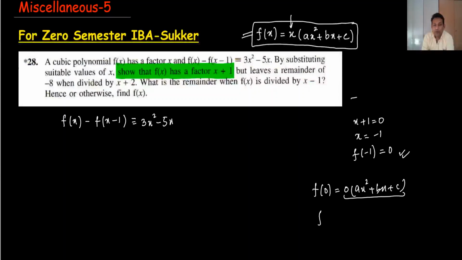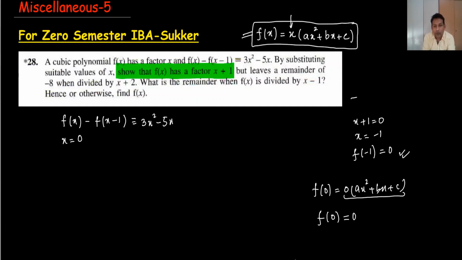So f of 0 is equal to 0, and we have to keep this in mind. If I put x equal to 0 in the given identity, f of 0 is 0, and the f of x minus 1 becomes f of minus 1.